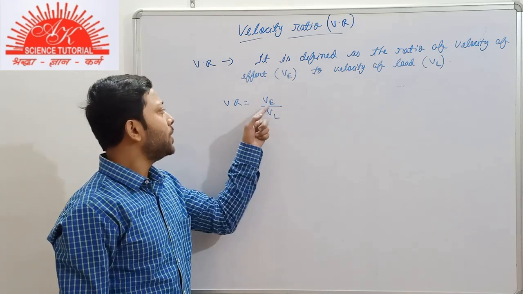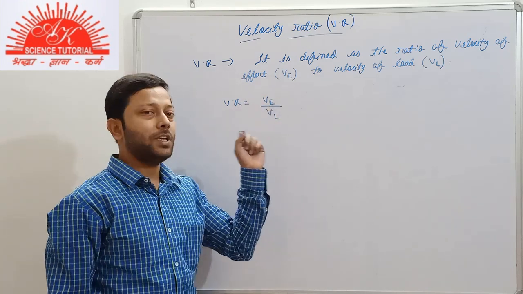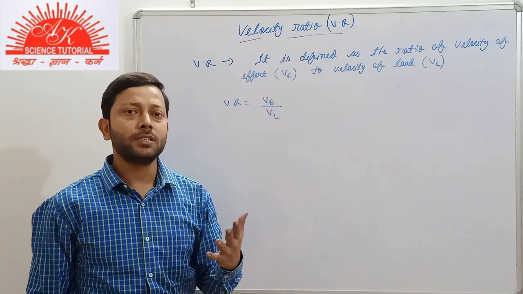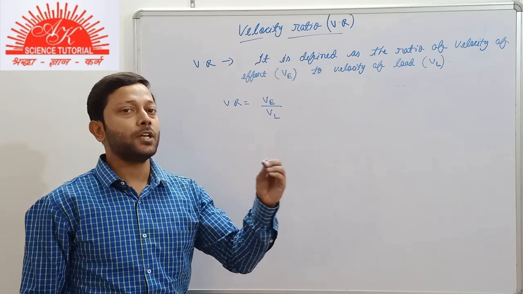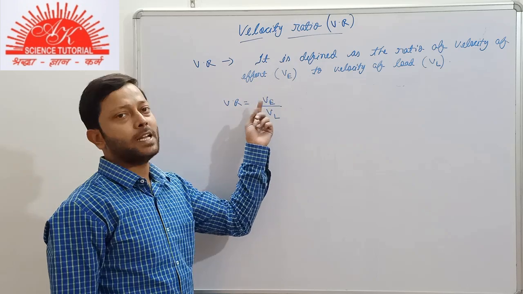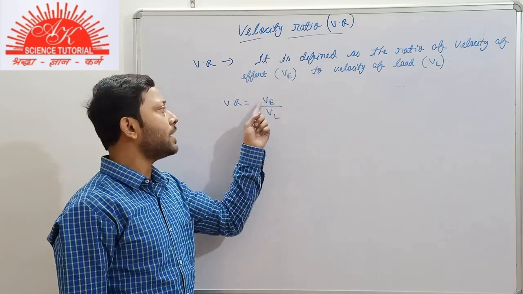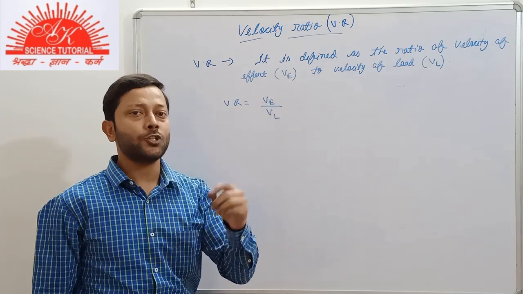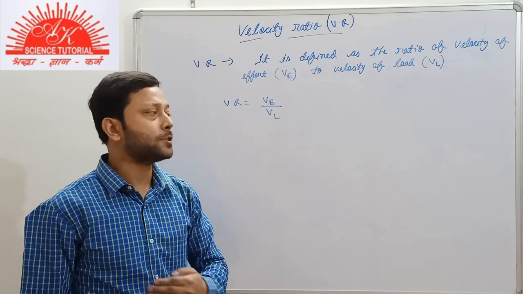You know the meaning of this part, that is VE, velocity of effort. It means that the point of application of effort is moving at a certain rate, that is the VE. It is the rate at which the point of application of effort is being displaced.